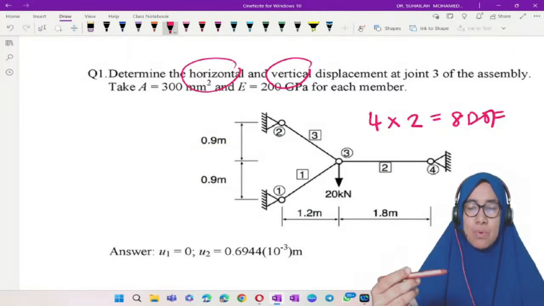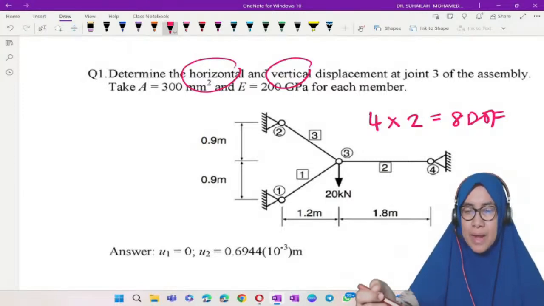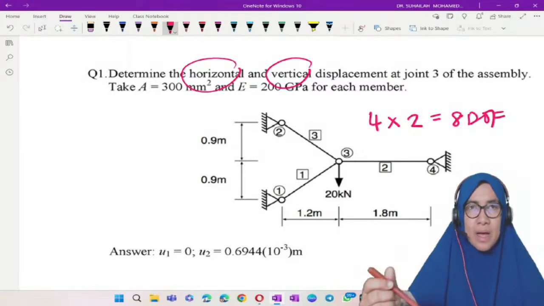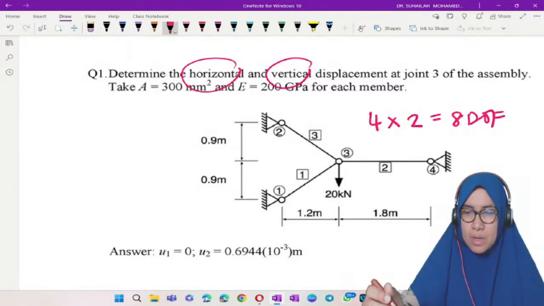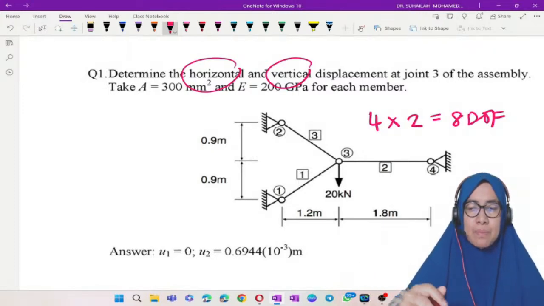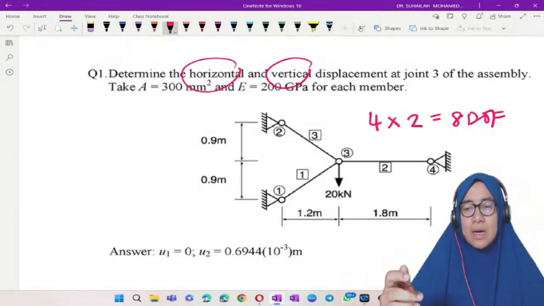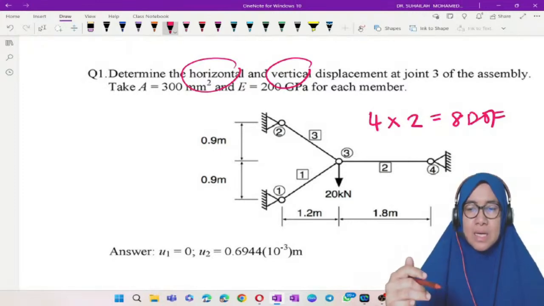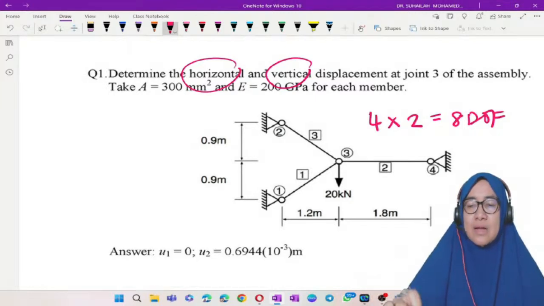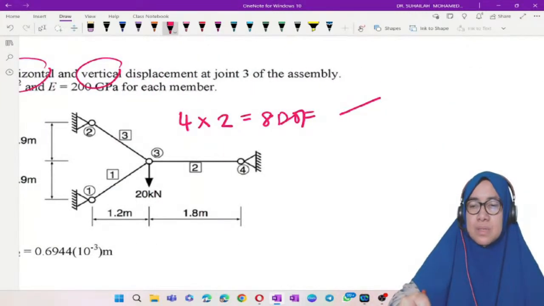So node number 1, node number 2, and node number 4 in this diagram have pin supports. These pins give the truss 6 unknown reactions.